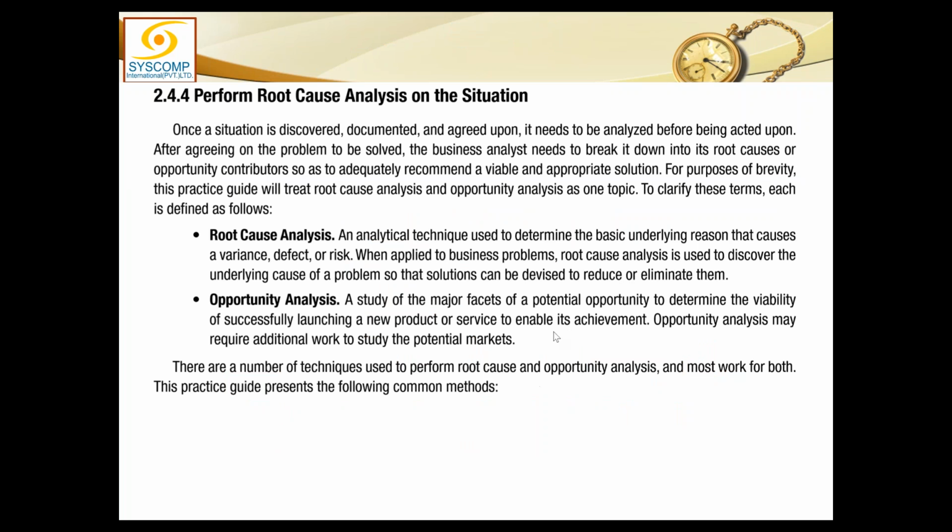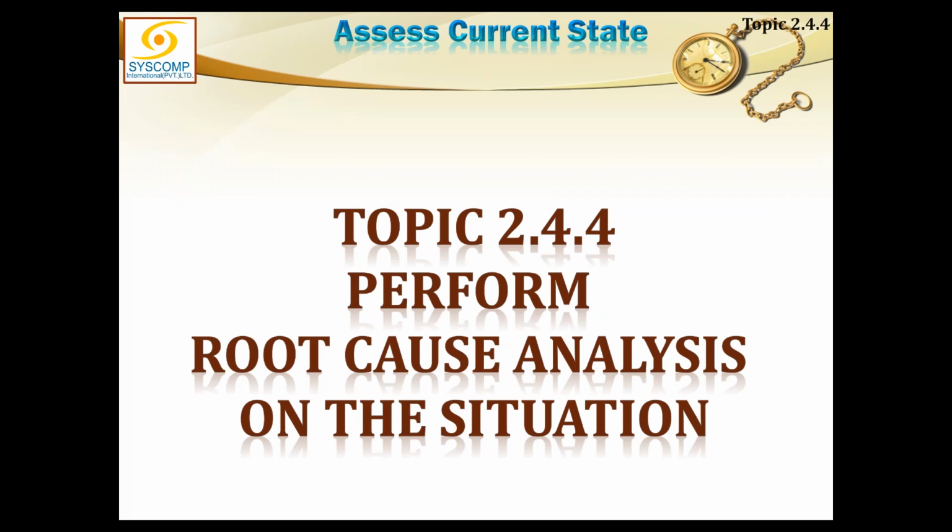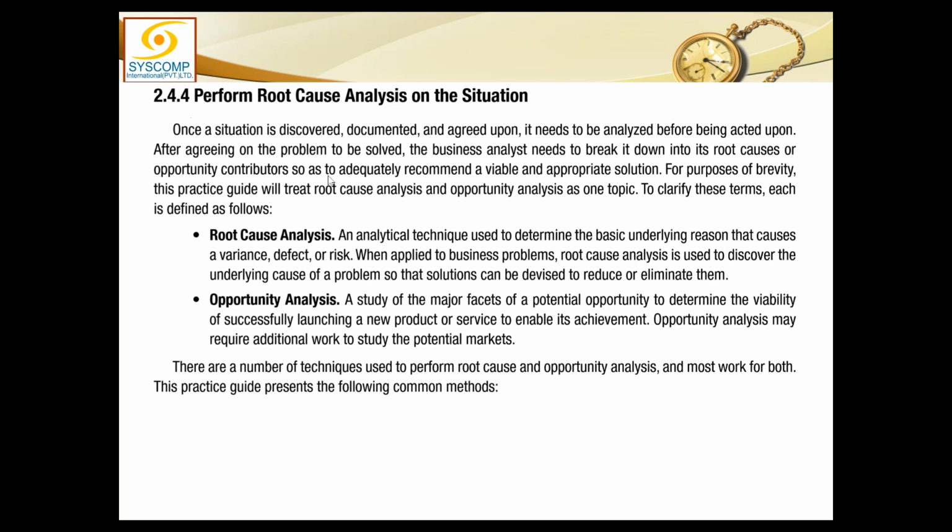Then is perform root cause analysis of the situation. A root cause, as you understand, we already talked about the Ishikawa and all that. You have the problem in front of you. You have to find the root cause of that problem. And if you can rightly hunt it down, then it would be much easier to address it.